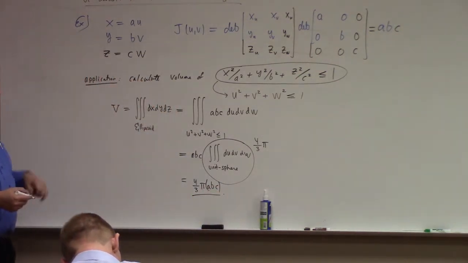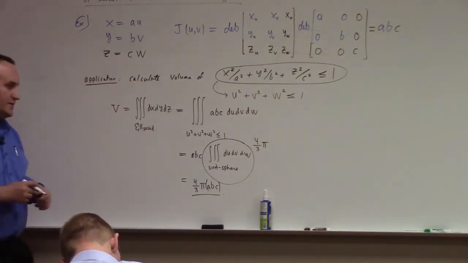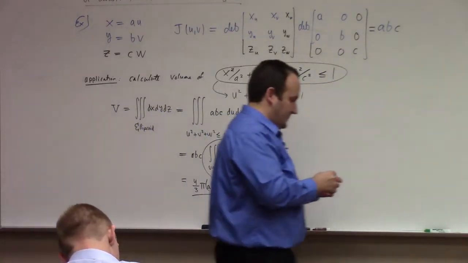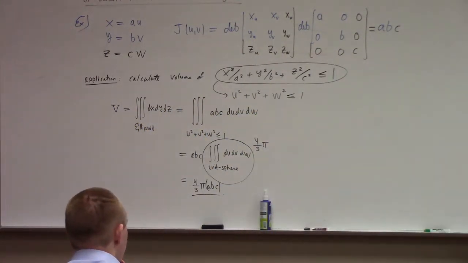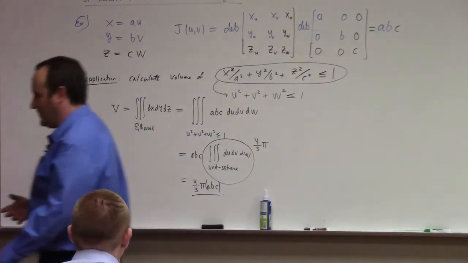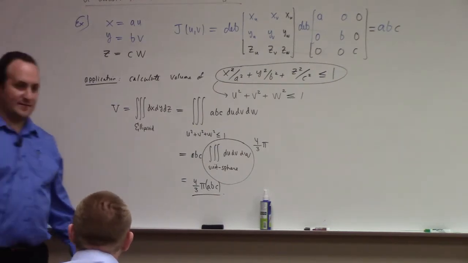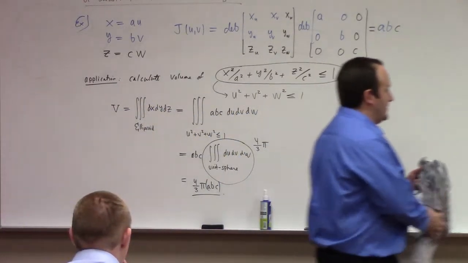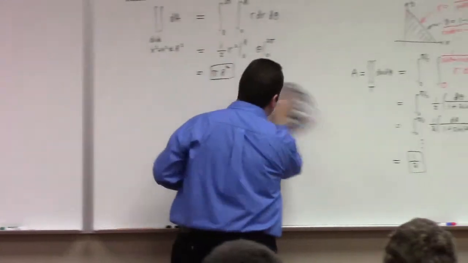Now I have put the cart before the horse here. How do I know that the volume of a unit sphere is 4/3 pi? You're like, well, some math teacher told me that back in college algebra, and I remember it. I don't think that's a very good reason for the volume of the unit sphere being 4/3 pi. I mean, it's true, but it may or may not be part of your experience.